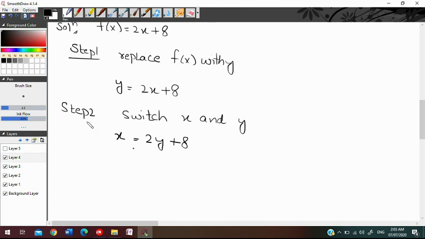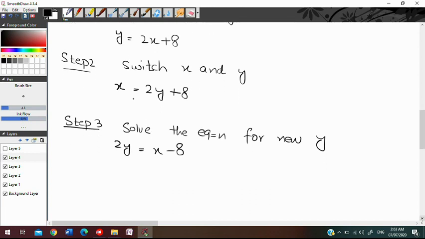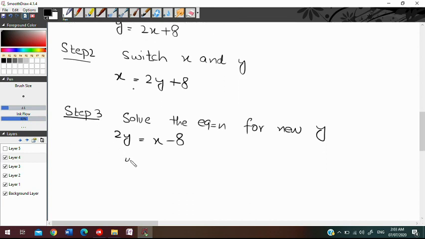Now step 3: solve this equation for the new y. Now 2y is equal to x minus 8, and y is equal to x minus 8 divided by 2.